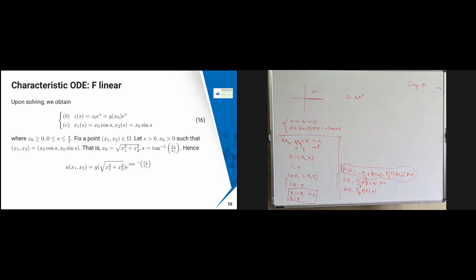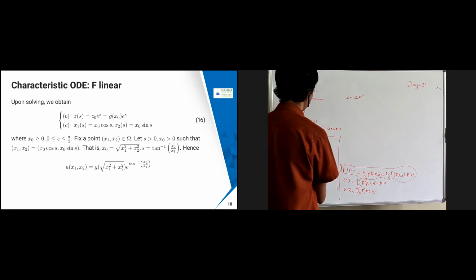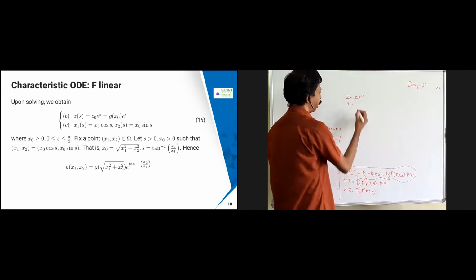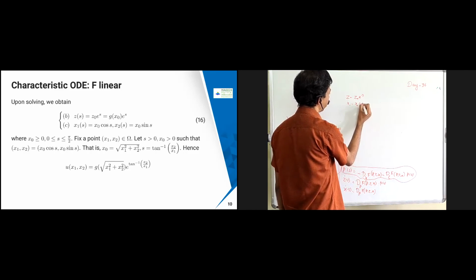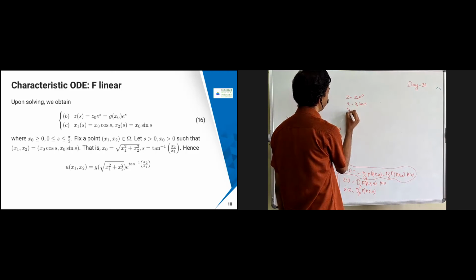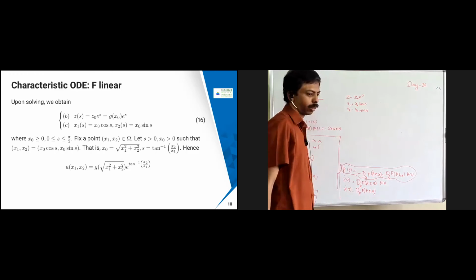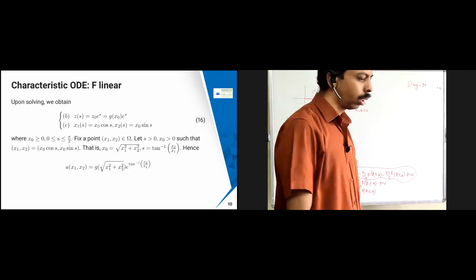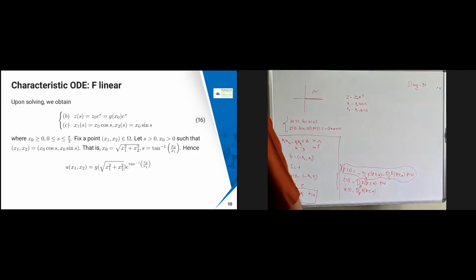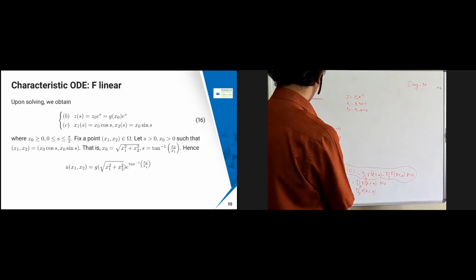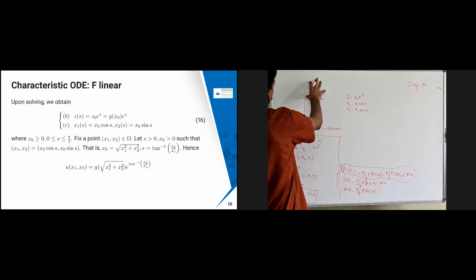If you solve this system of ODEs, you are going to get x1 equal to x naught into cos s, and x2 equal to x naught into sin s. Here I can put x naught greater than or equal to 0, and 0 less than or equal to s less than or equal to pi/2, because it is going to lie in the first quadrant only.